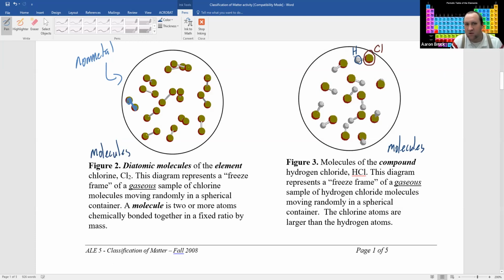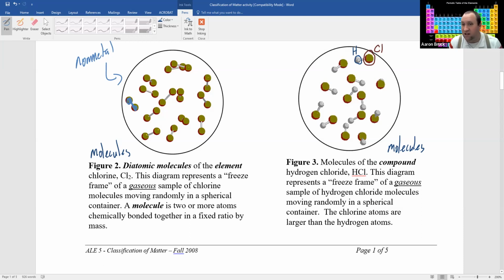The only difference between these molecules over here and these over here is a compositional difference. In the sample in figure 2, these are elemental molecules. Every single atom in this sample is exactly the same. They're all chlorine. In this sample, we've got molecules as well.